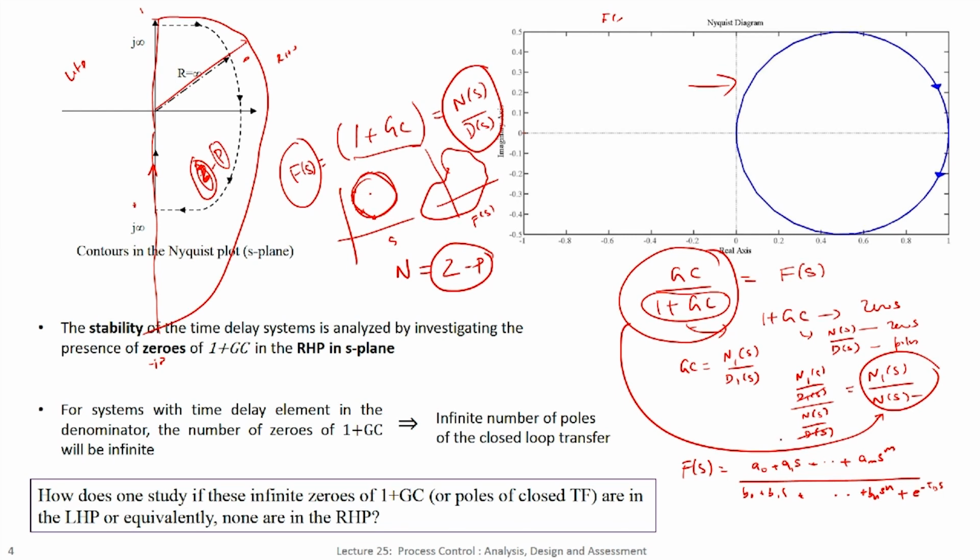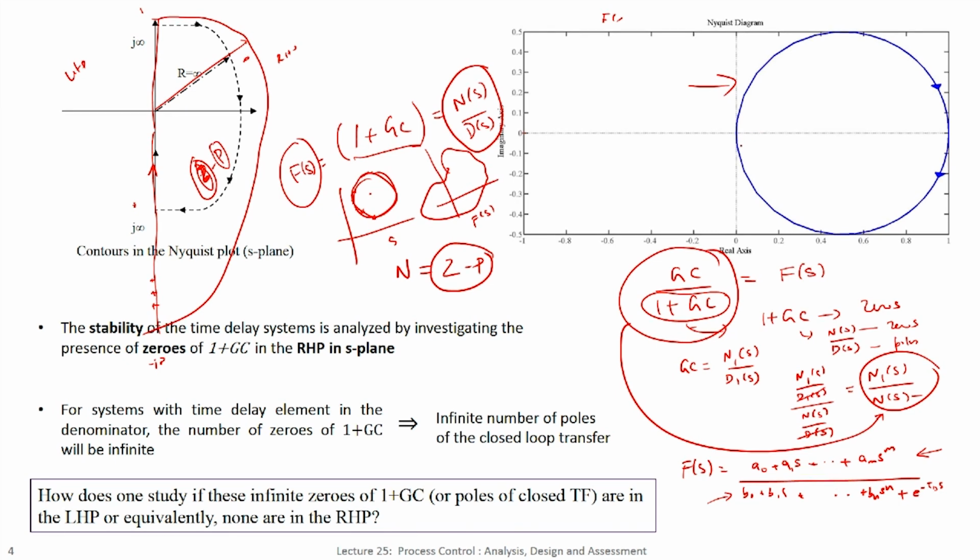As long as I have this F(s), for every point on this contour I can substitute the s value into this and simply compute an F(s). I do not know the roots of this polynomial. Clearly there are an infinite number of roots for this polynomial. All I am going to do is take an s value and simply plug it into this F(s), and I will get a corresponding point here.